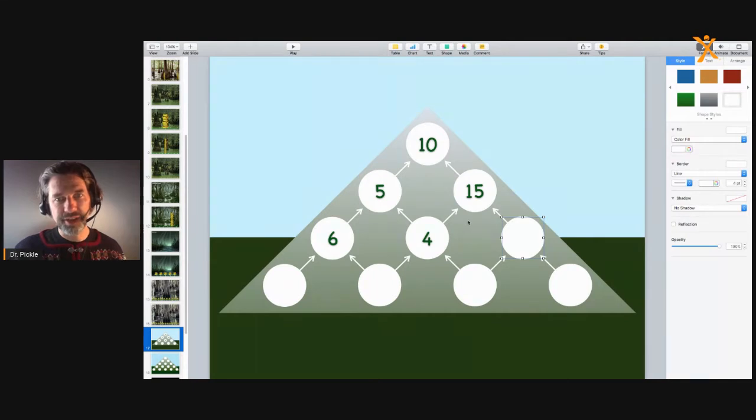Okay, so we've got 15 has to be in between 4 and this other number. Okay, so what is the distance between 15 and 4? And then let's figure that out.